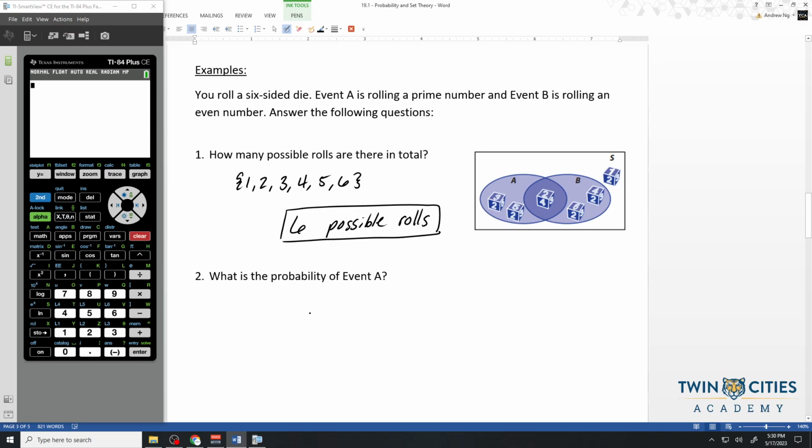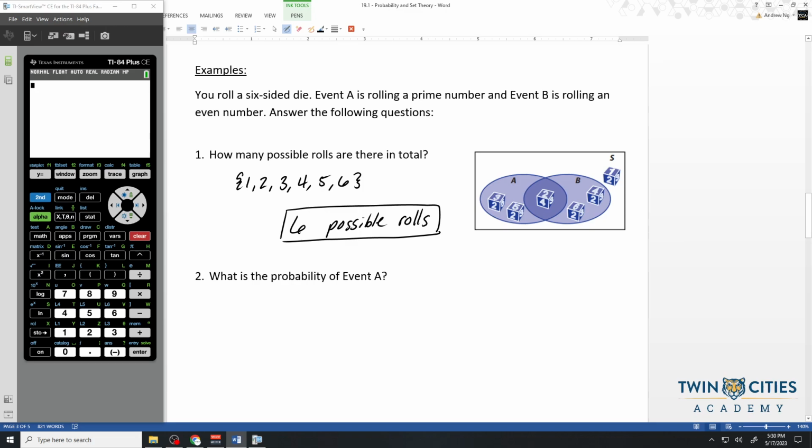All right, what is the probability of event A? Event A is rolling a prime number. So of these, we have the following prime numbers. We've got 2, 3, and 5. 1 is not a prime number, 4 is not a prime number, 6 is not a prime number. So the probability of event A, first we have to define probability.